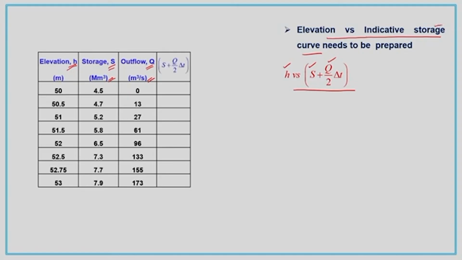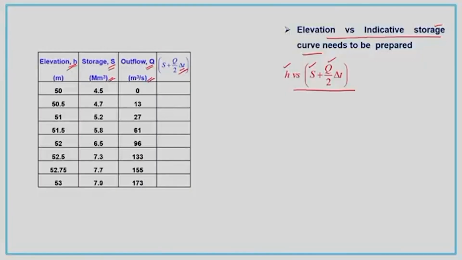We can calculate indicative storage S plus Q by 2 delta T. S is in million meter cube and outflow Q is in meter cube per second. This unit conversion should be done properly while carrying out the calculation. The inflow hydrograph given to us has an interval of 4 hours, so we will consider delta T to be 4 hours. 4 hours converted into seconds comes out to be 14,400 seconds, because our outflow is in meter cube per second.